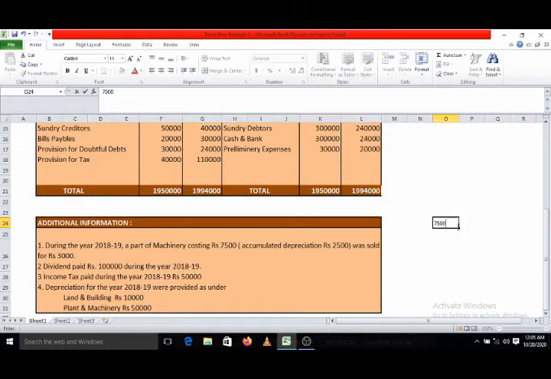We don't know when it was purchased, but it was purchased for rupees 7,500. Till date, from the date of purchase till date, the total depreciation provided on this part is rupees 2,500.